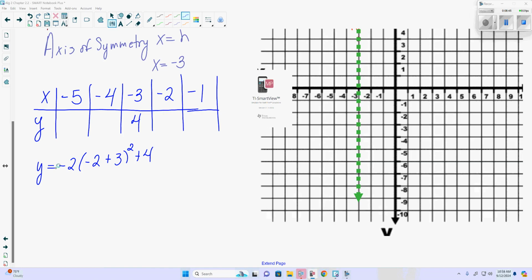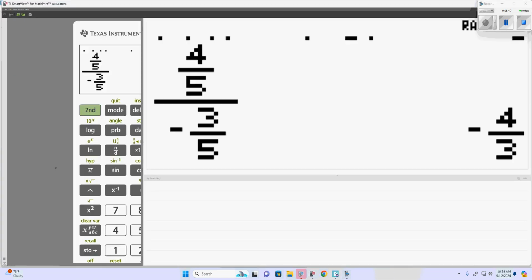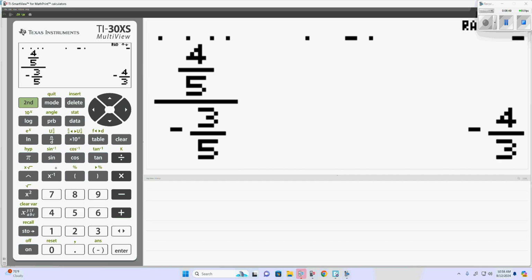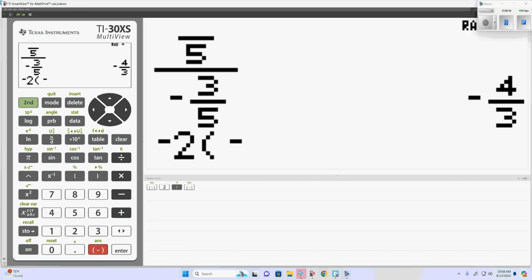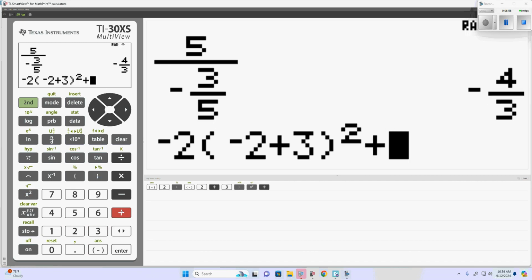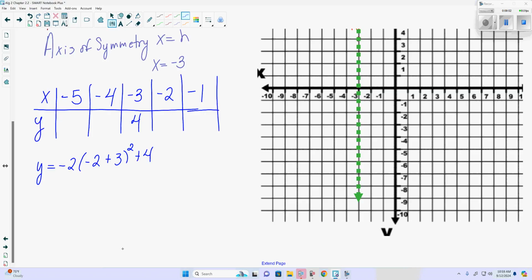They made you do this by hand because a part of the standardized test for middle school is that you can actually do order of operations. -2 parentheses -2 plus 3 close parentheses squared plus 4 is 2. So one of our other points would be -2, 2.